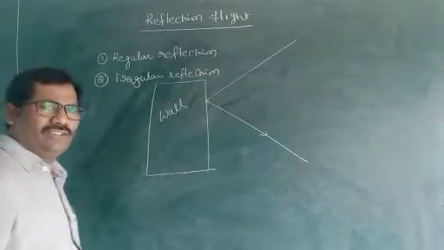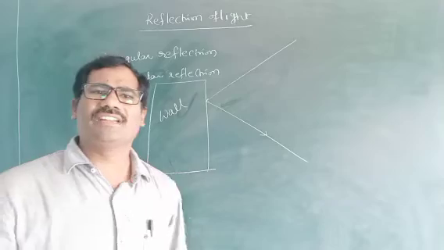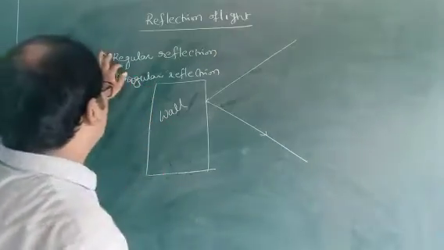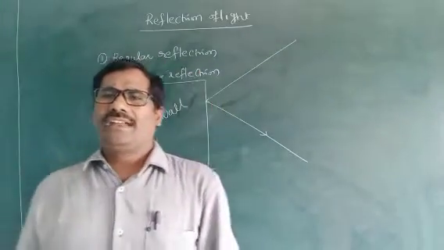So the types of reflection are regular reflection and irregular reflection.